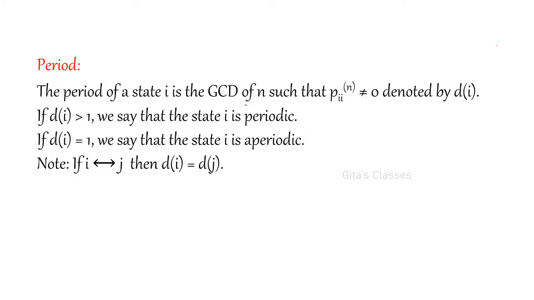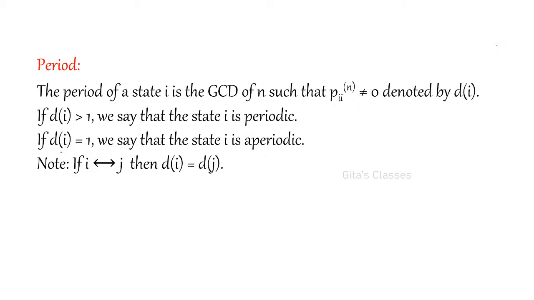The period of a state is how many steps are available. You find all the ways to come back to i, and if there is only one way, then it is that number. And if you are not able to come back at all, the period is one only.